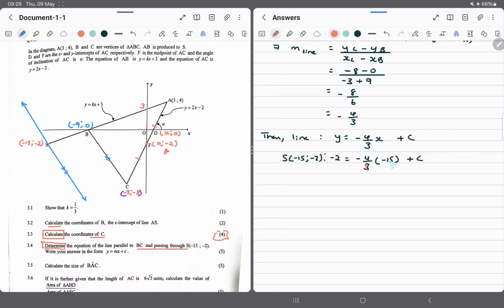So we know that 3 goes once, goes 5 times to 15. So essentially we can make a conclusion here that therefore our c will be, now minus 5 times minus 4, it's going to be 20. Transpose 20, we get minus 22. We can say therefore y is going to be minus 4 over 3x minus 22. That's the equation of the line.